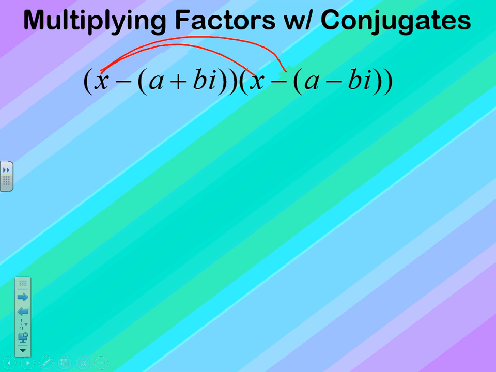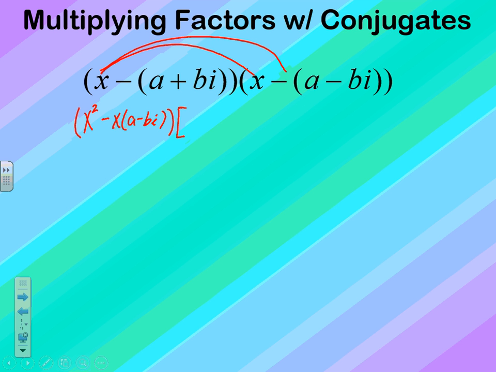So x times x will give me an x squared, and the x times the negative in front of the complex number will give me negative x times whatever that complex number is, a minus bi. Okay, well, now we're going to multiply the next parts together, and I'm going to put a bracket around here so that we don't get the parentheses confused.